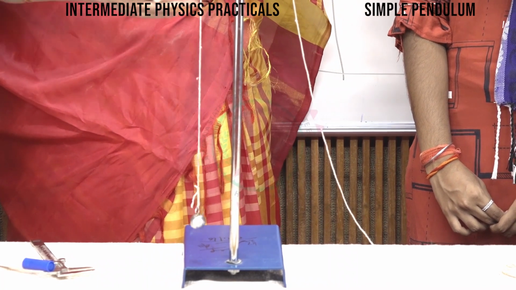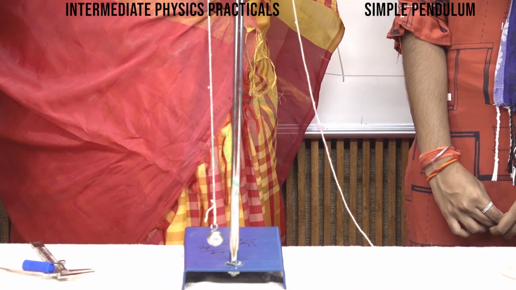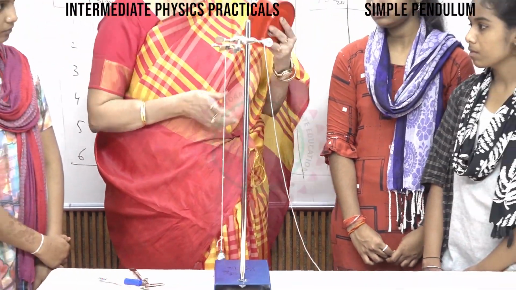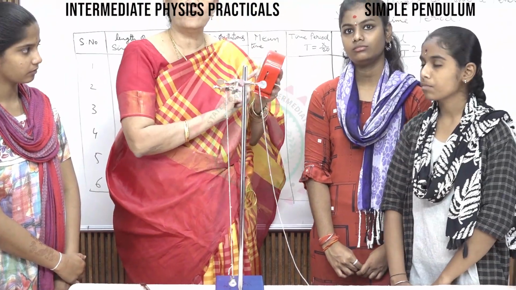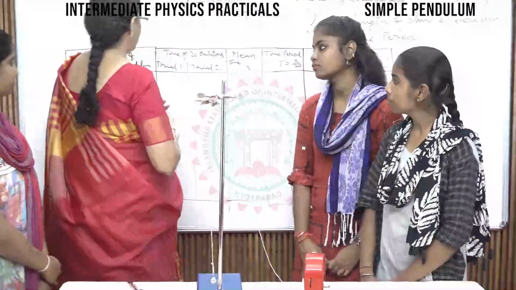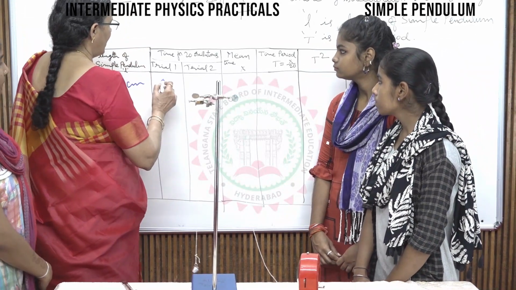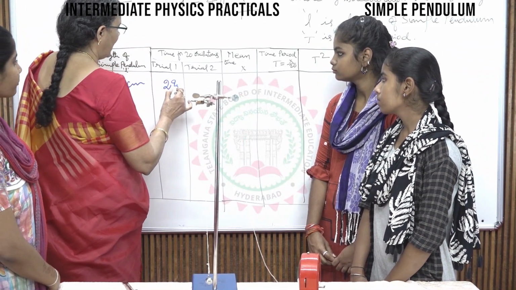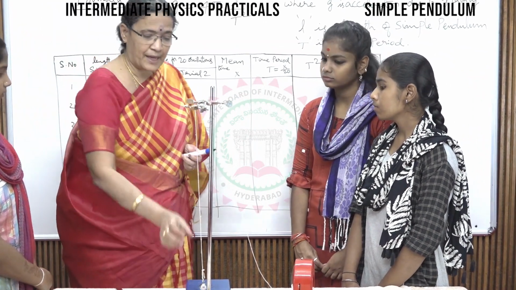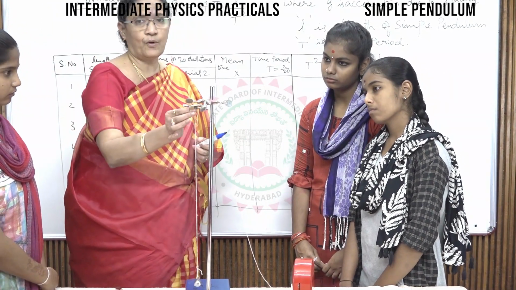Okay. 1, 2, 3. When the 20th oscillation comes, stop the stop clock. Here you will get the time for 20 oscillations. Say trial 1, 29 seconds. This is in seconds. I'm doing the experiment with 50 only.